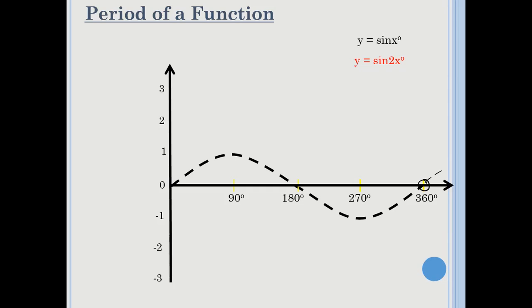So what happens this time? Instead of putting a number in front of the sine, we put a number in front of the x. What we find that happens is the graph repeats itself earlier on. Or what we can say is that the graph, as you can see here, repeats itself twice within 360 degrees.